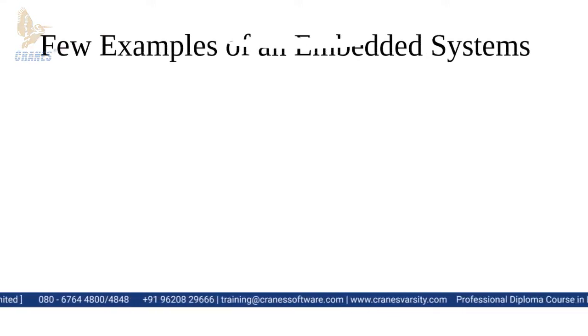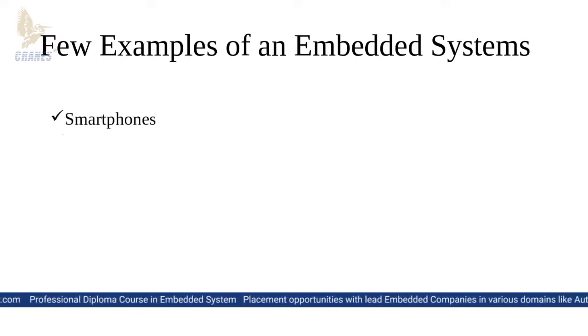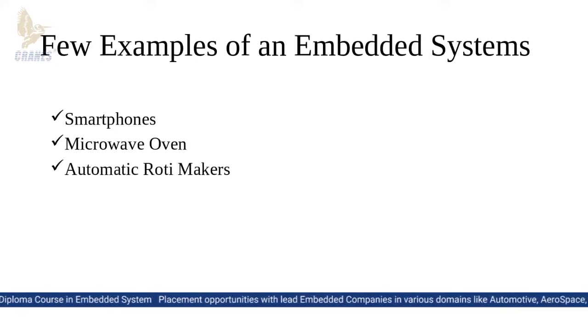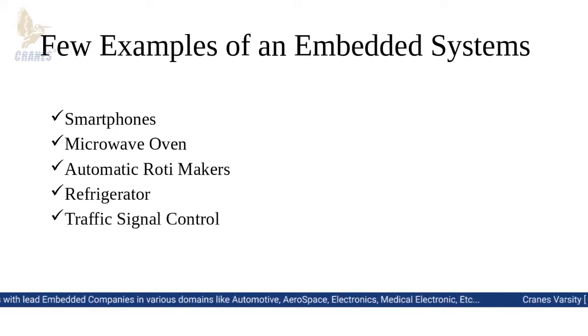Let's look at some of the examples of an embedded system. Think of an embedded system as an electronic device that assists you to solve a specific problem. Mobile phones, microwaves, coffee machines, refrigerators, air conditioning systems, traffic lights, and remote controls are all examples of an embedded system.